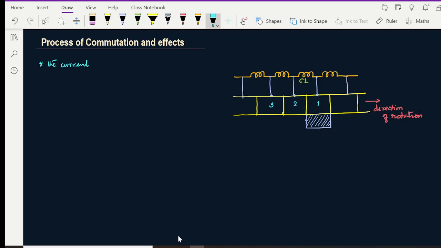The current reversal happens in a coil by means of the brush and commutator arrangement.